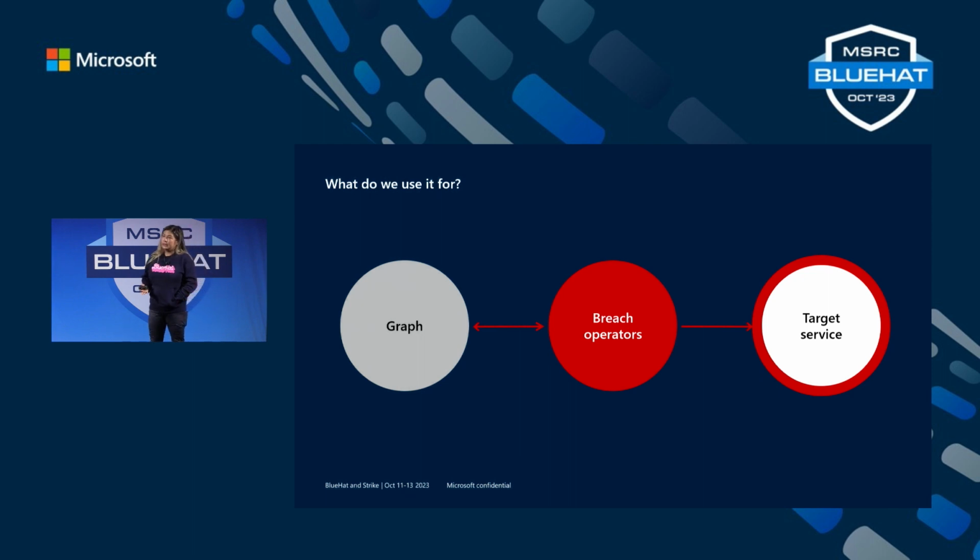So traditionally, this is what we used the graph for. We really have breach operators interfacing with the graph and looking at it for breach paths, adding to it when we find that there's missing nodes and missing data, and then we take that and we attack a service.